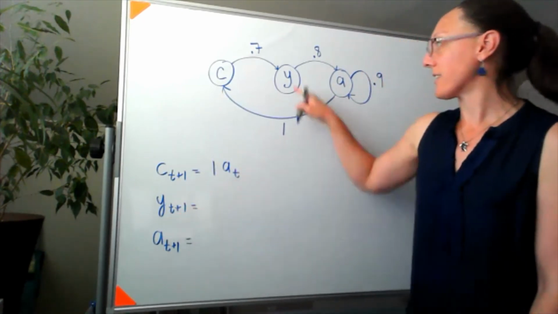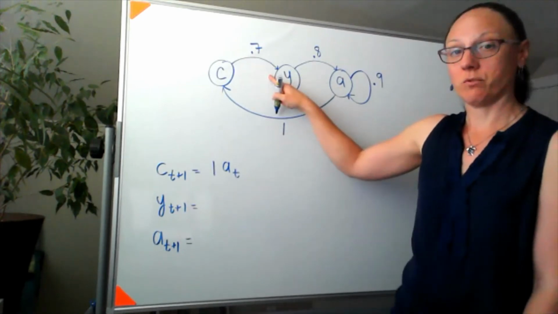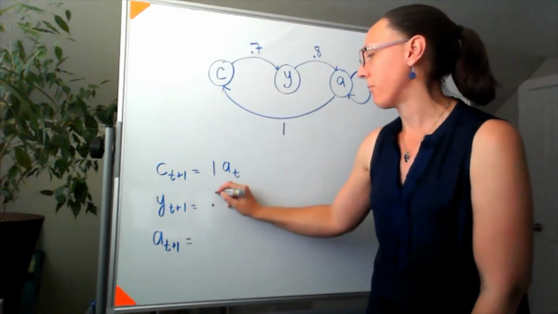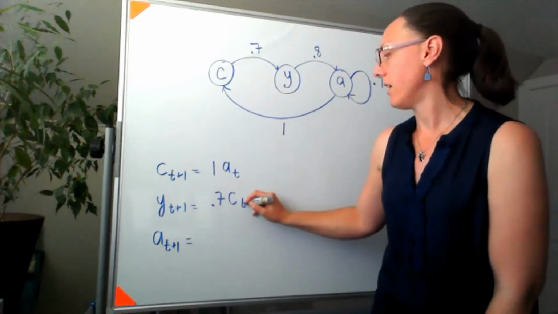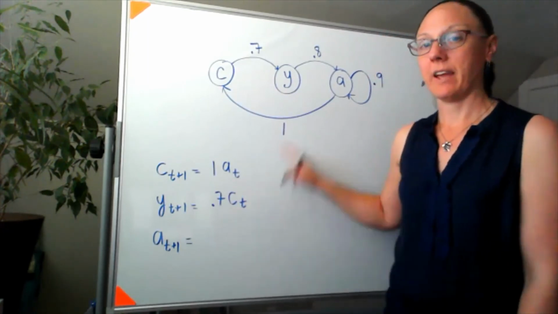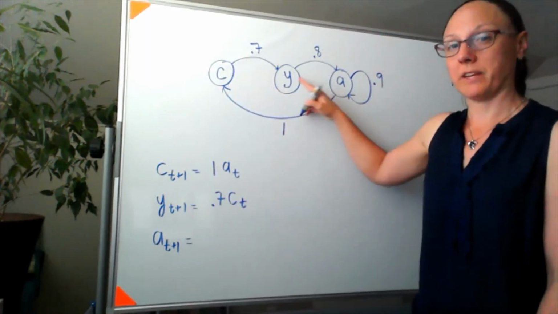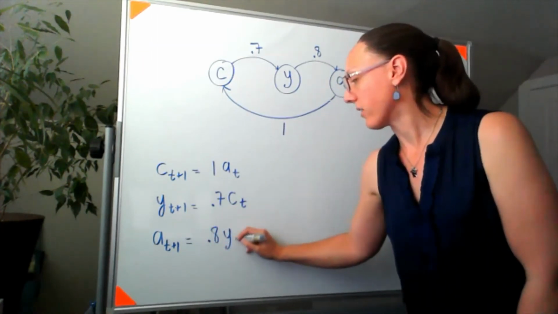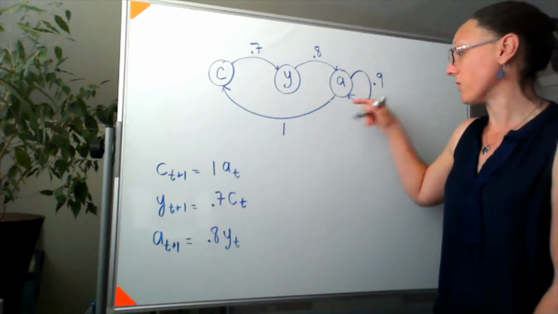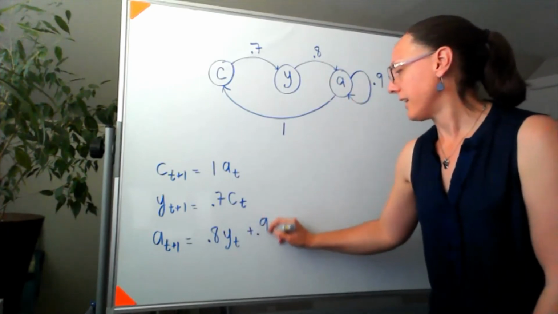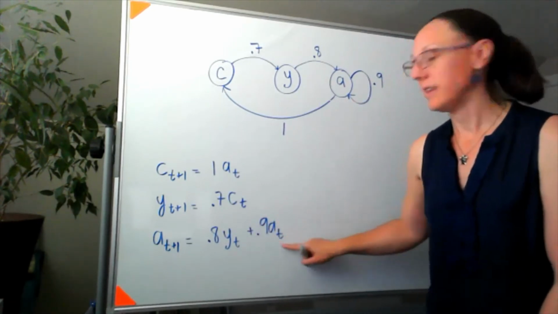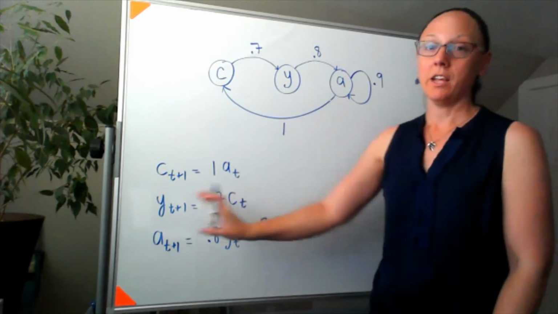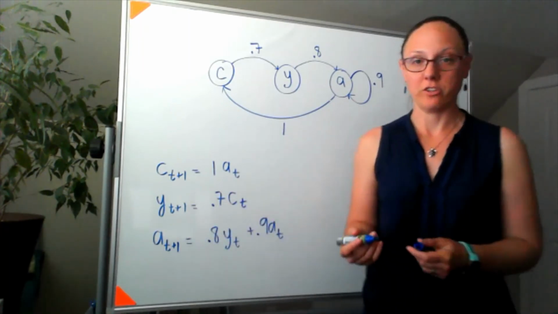Our yearlings are only getting fed into from our calves. So I'd have 0.7 C sub t. And our adults are getting fed into from 2 places. From our yearlings, so we'd have 80% of our yearlings surviving to become adults, and 90% of our adults living for 1 more year. So that's what our system of difference equations would look like.